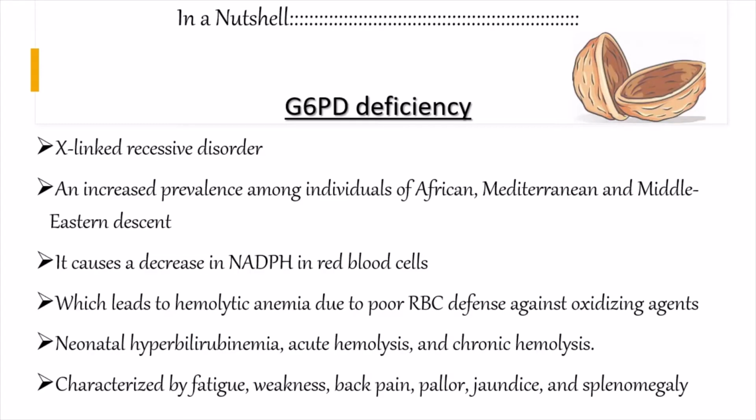So, in a nutshell, G6PD deficiency is an X-linked recessive disorder, with an increased prevalence among individuals of African, Mediterranean, and Middle Eastern descent, and it is for this reason we say that G6PD deficiency is rather protective against Plasmodium falciparum, because the life cycle of Plasmodium falciparum corresponds with the normal 120 days of the RBC.